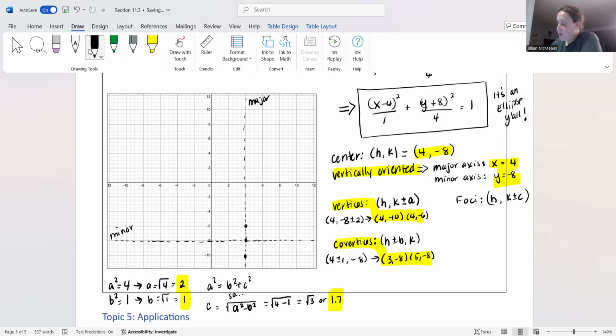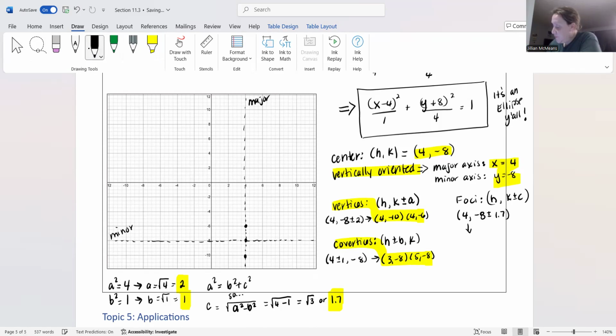All right, and then the foci, the H value from the center is going to stay. So it's going to have an X coordinate of 4. And then the K value from the center, the Y coordinate of the center, is going to change. We're going to change it by a value of C. So we get -8 plus or minus 1.7.